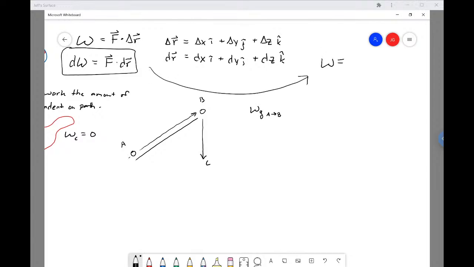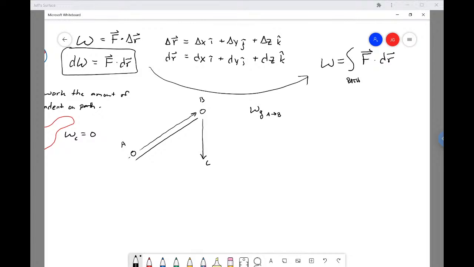So the work done over the whole path is the integral over the path of F dot dr. Okay? So we'll keep this in mind as we go forward.